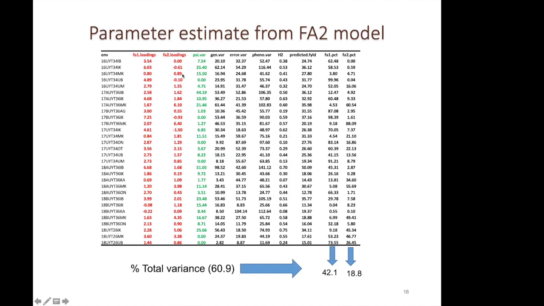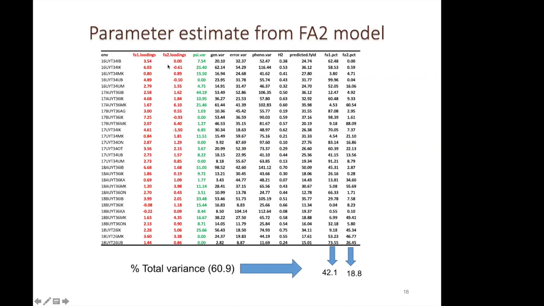The first two columns here are what we call the latent common factors, which explain the complex pattern of G by E. And this column here is the environment-specific variance. In other words, this is the variance in each of these environments that is not captured by these latent common factors.